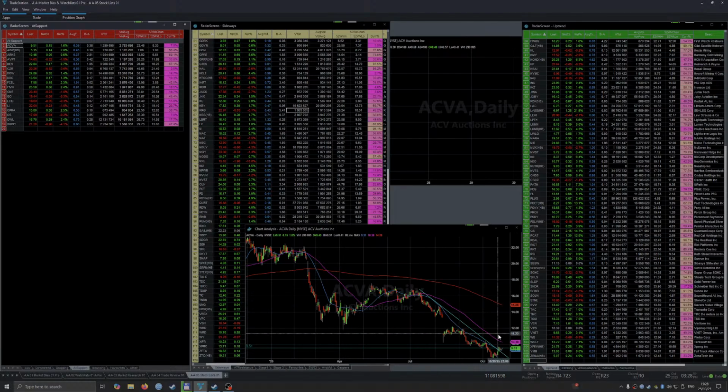This is the 200, this is a 50, and this is a 250 and 30, I think. I don't remember. But they're the same thing, just the number of days or time periods differs. This one is very important, the 200 moving average.